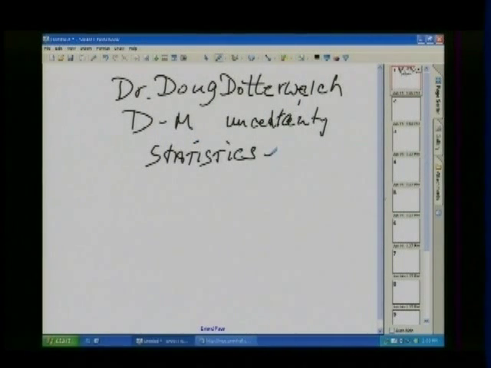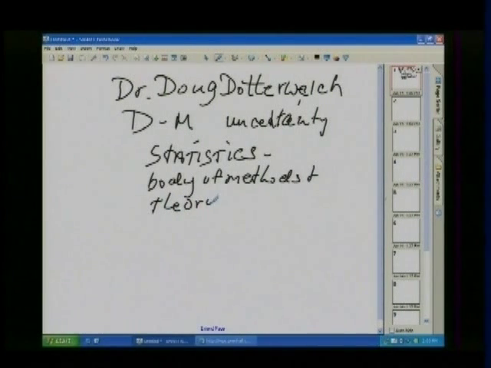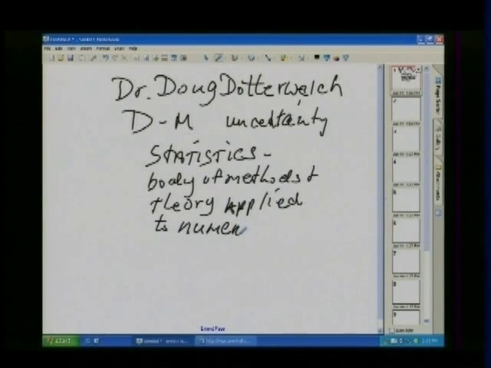Statistics uses a body of methods and theory which it applies to numerical evidence, or numbers, and again, the reason we're doing all of this is to help us make decisions in the face of uncertainty.